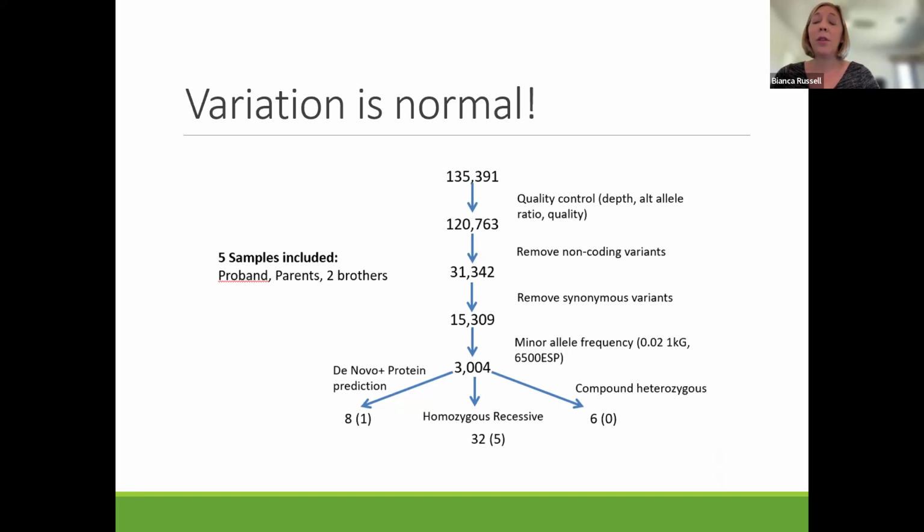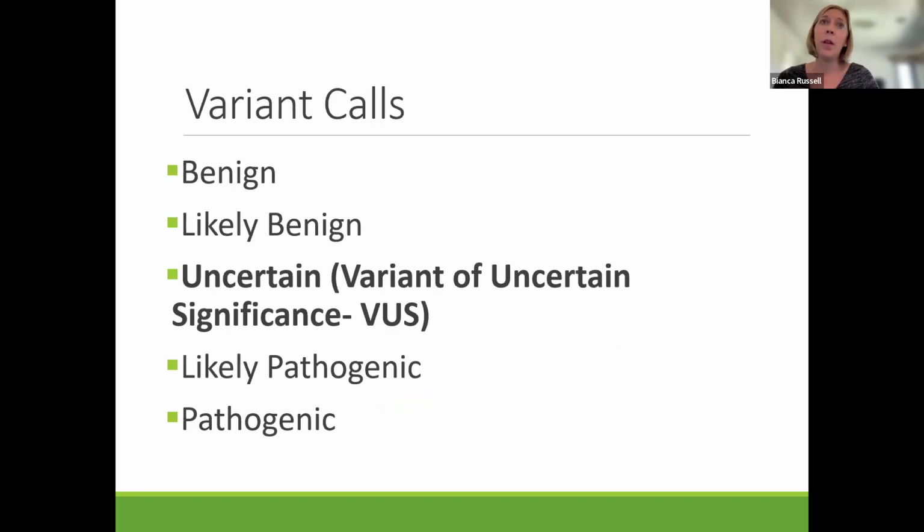So again, this is just sort of an inside look at what we do on the lab side when we're doing something like exome or genome, and why there's lots of variability in results. And also just pointing out that it's normal for us to have variations, and it really is up to the labs to help us determine whether those variations are disease causing or just normal benign variations.